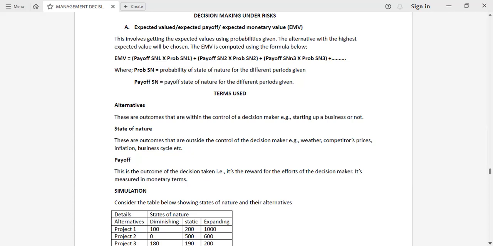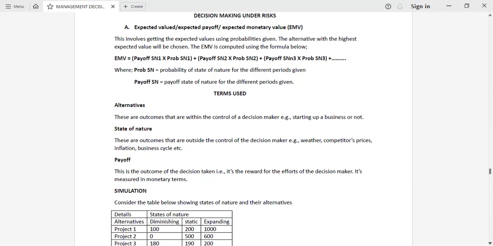So how do we compute the expected value? We compute it using the formula below. We have the payoff of the state of nature. In other words, when you look at the question, they are going to be giving you the states of nature for the different products or for the different alternatives.